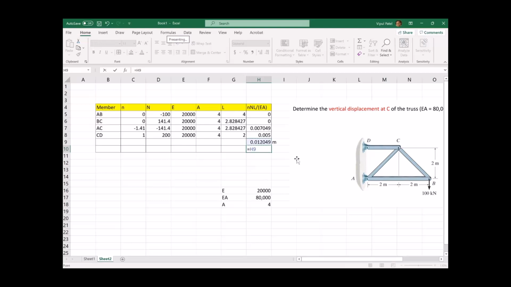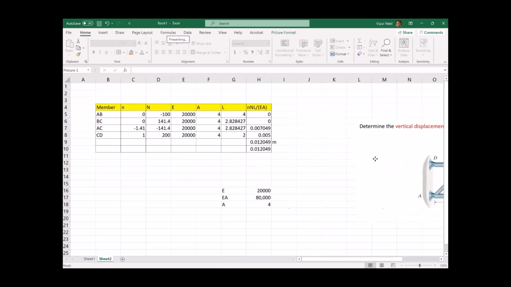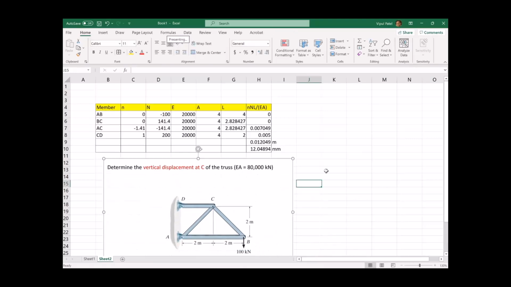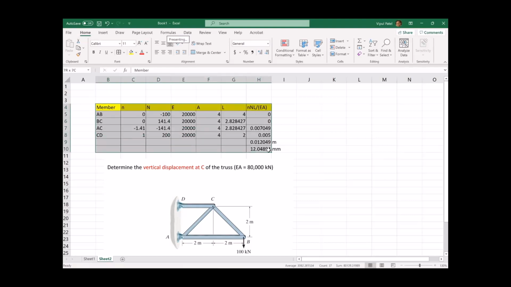You can convert this into millimeters by multiplying 1000. That is in millimeters. So I think that's very handy. As you can see, engineers generally use Excel to verify all your hand calculations. So you can use Excel as well.